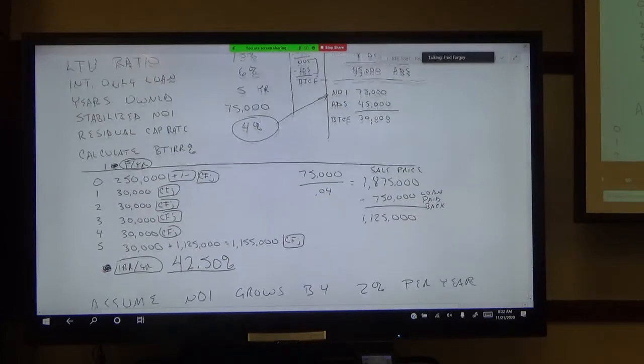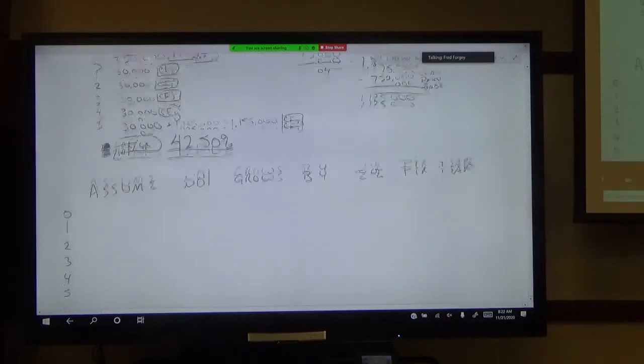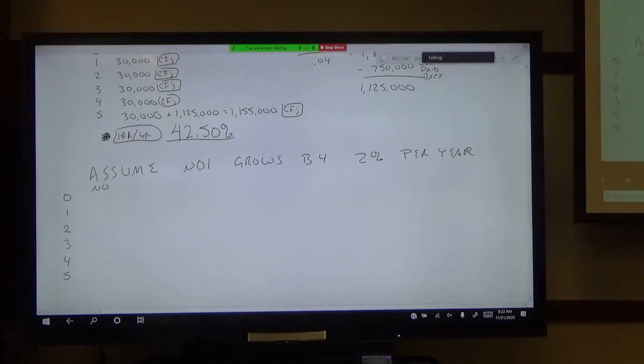So what you've got to do is go back up to your stabilized NOI, which is 75,000. In year 1, it's still 75,000. In year 2, however, it's going to be 75,000 times 1.02, or 1 plus the 2% growth rate, which is 76,500.